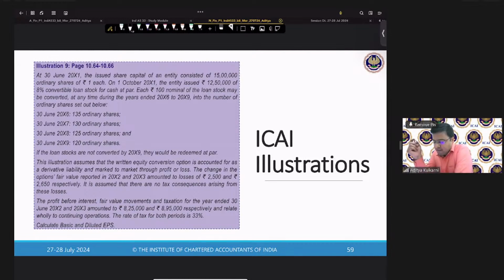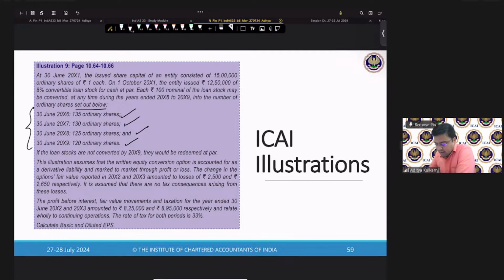Each 100 rupees nominal of the loan stock may be converted at any time during years X6 to X9 into a number of ordinary shares as set out below: 135, 130, 125, and 120 starting from these periods. If the loan stocks are not converted by 20x9, they would be redeemed at par.